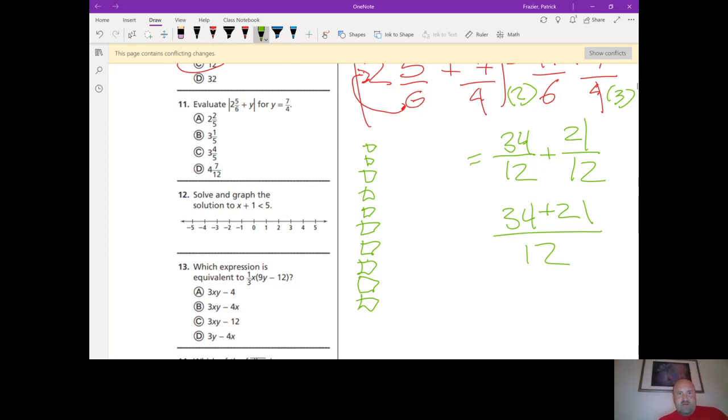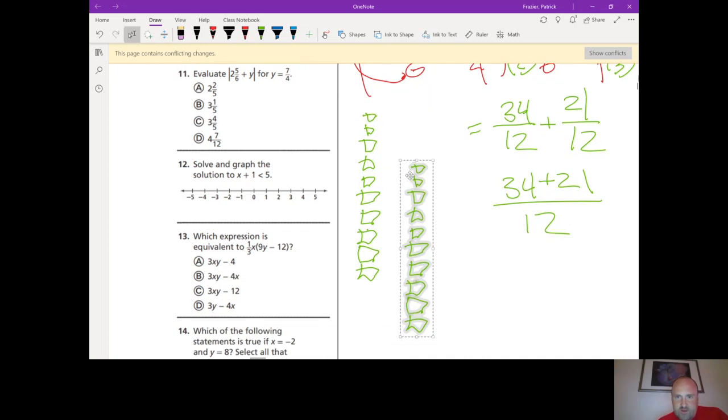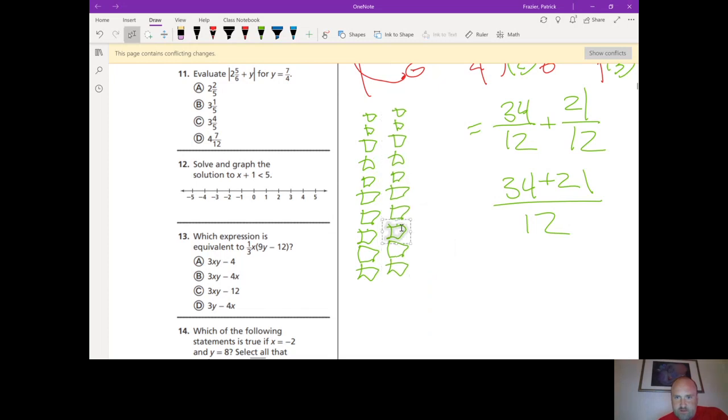And let me see if I can lasso this. Copy, paste, and then we got this lasso thing again.